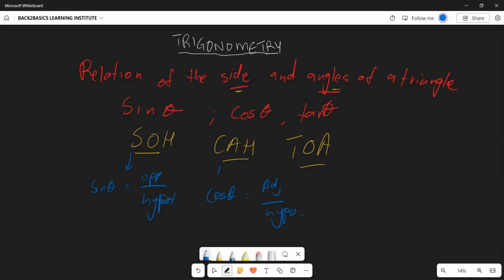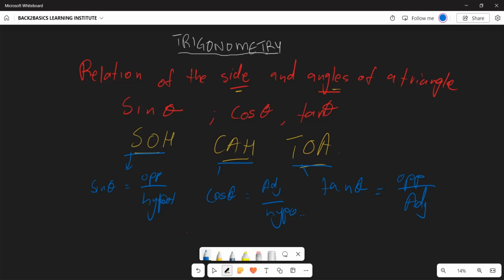Your T, which represents tan of theta, helps us to understand the side which is opposite over the side that is adjacent. Once again, this mnemonic SOHCAHTOA helps us to understand the relation between the side and the angle.